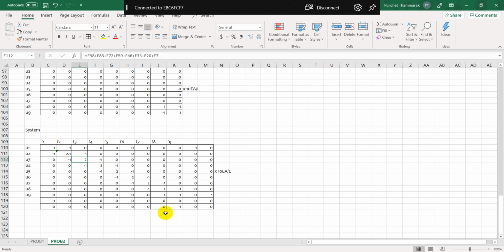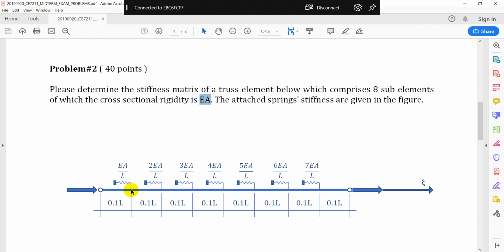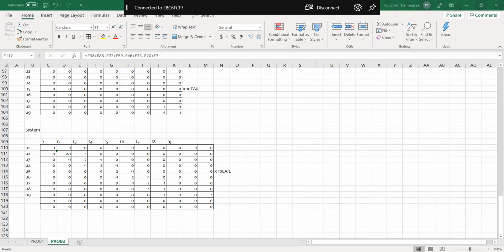Okay. How about the F3? F U2, this is U T. So 2, 3, 4, 5, 6, 7. Okay, great. Easy to do. Plus 0.2, plus 0.3, plus 0.4, plus 0.5, plus 0.6, right, and plus 0.7.